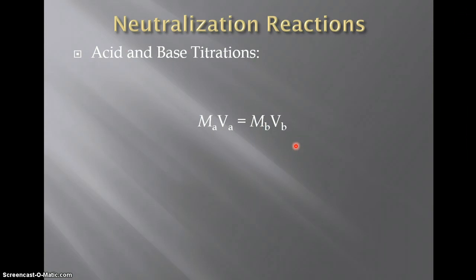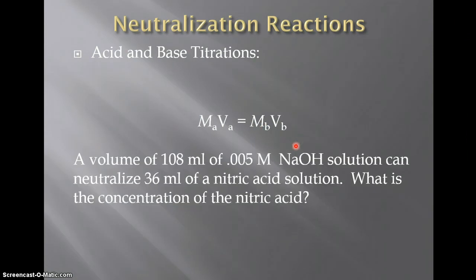Okay, so an example formula would be something like this right here. And I'm provided with some information. In this case, I'm told I have 108 milliliters. And so if I look at that, this right here would be my volume, because it's milliliters. And that's of my base, because it goes with sodium hydroxide here.